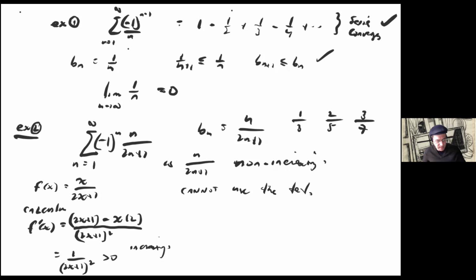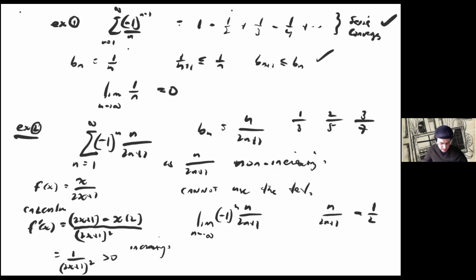What does that tell us? The test is inadequate for studying the problem. However, we can consider the limit as n goes to infinity of -1 to the n over 2n plus 1. Now, if we look at n over 2n plus 1 and ignore the signs, it tends to 1/2.